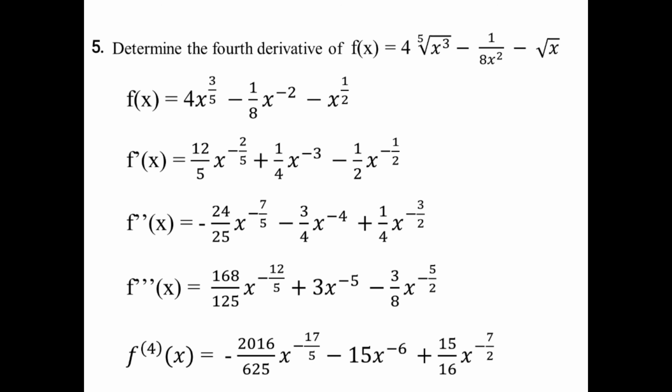Our fourth derivative for our given function will be negative 216 over 625 x raised to negative 17 over 5 minus 15x raised to negative 6 plus 15 over 16 x raised to negative 7 halves.